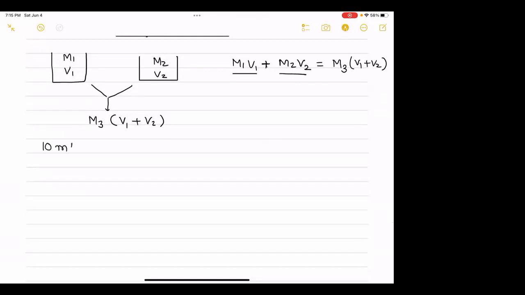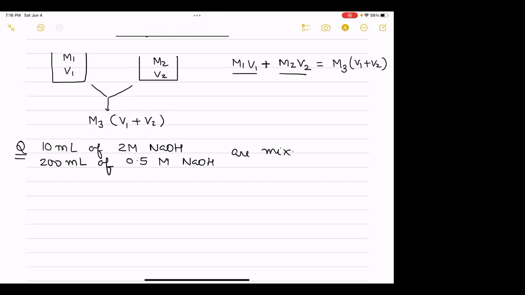10 ml of 2 molar NaOH is mixed with 200 ml of 0.5 molar NaOH. Okay, so what is the final molarity?